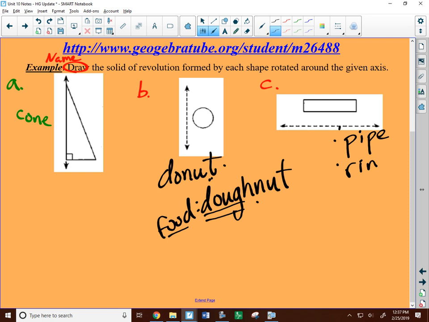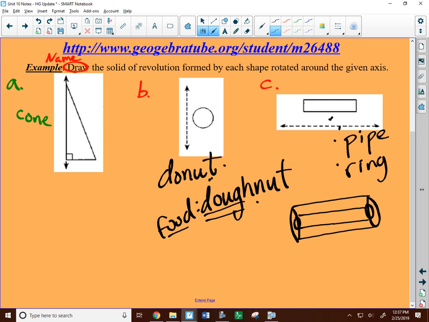A ring pipe. Okay. So there's just a gap in the middle. It carves out a region around here, but there's a gap right there. So there's nothing in the middle.